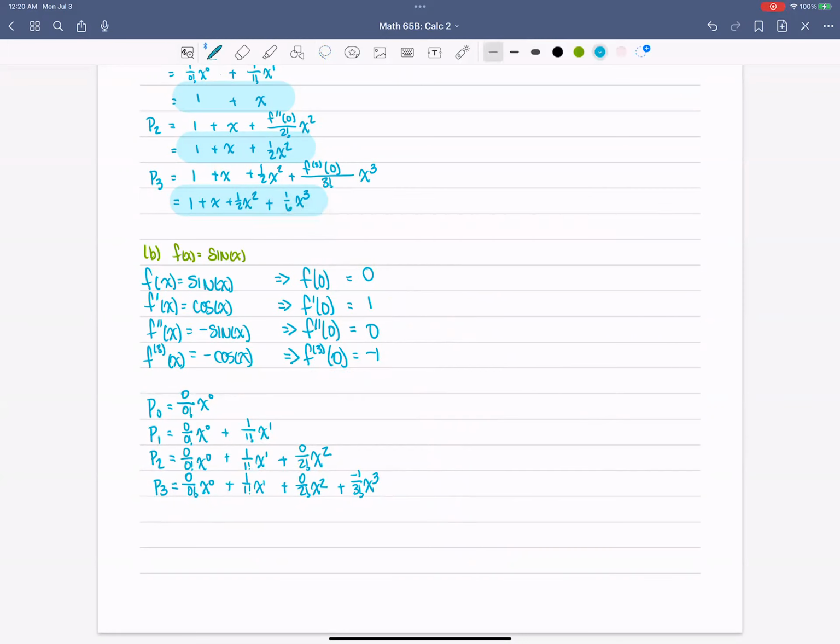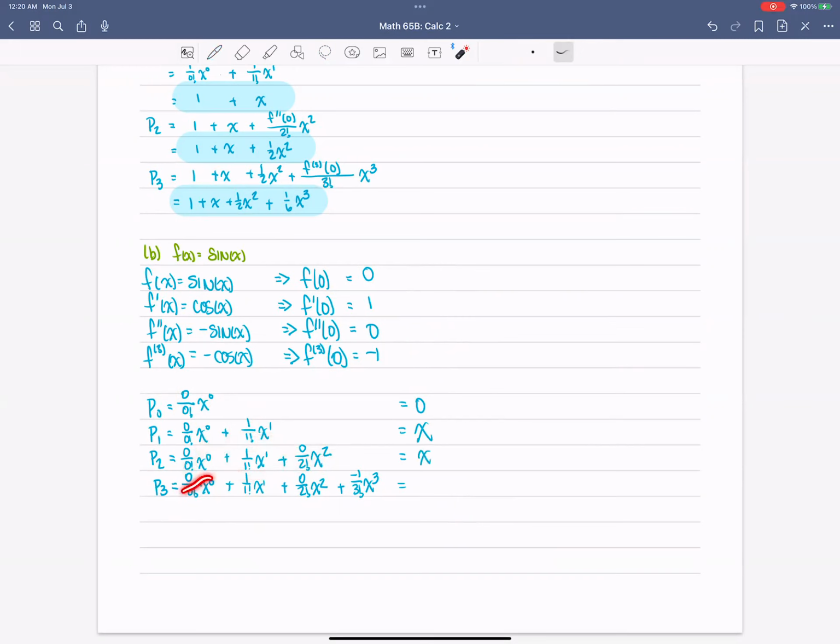All right, so let's see what each of these end up being. Here we have 0, so that's just going to be 0. Here we have 1 over 1, so here we just have x. This is 0, this is 0, so here we have just x as well.